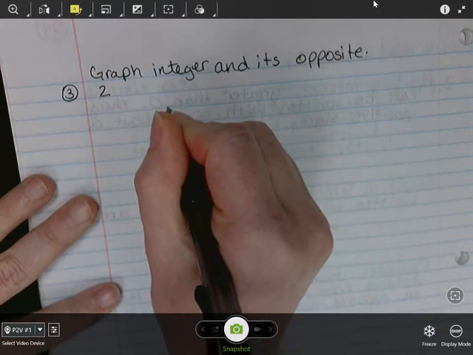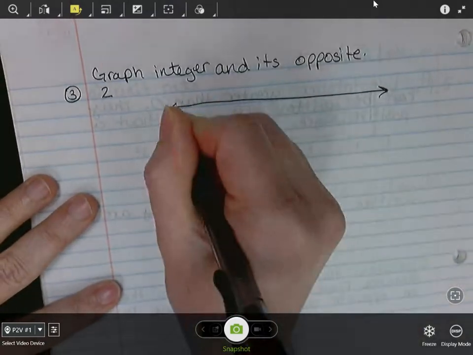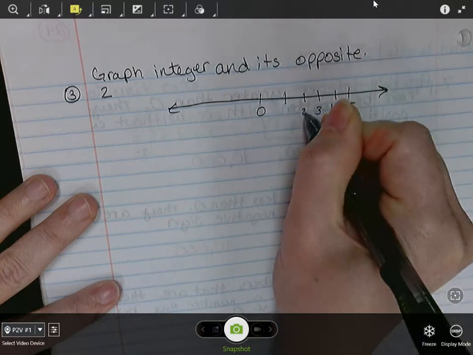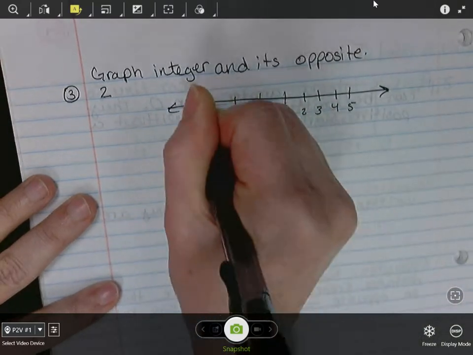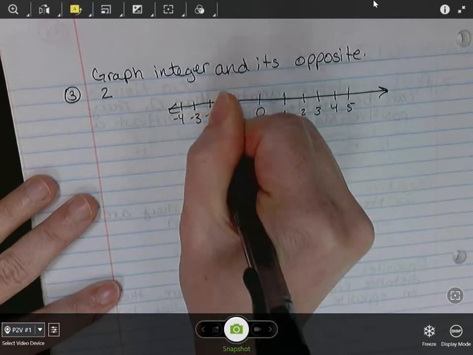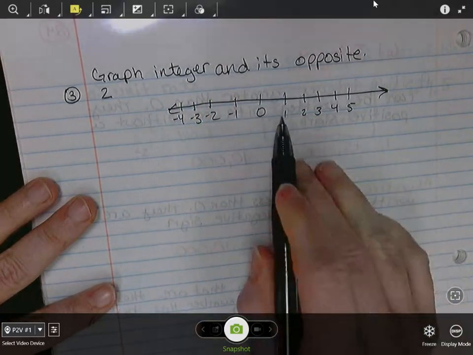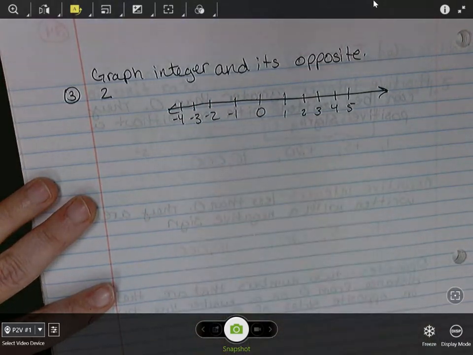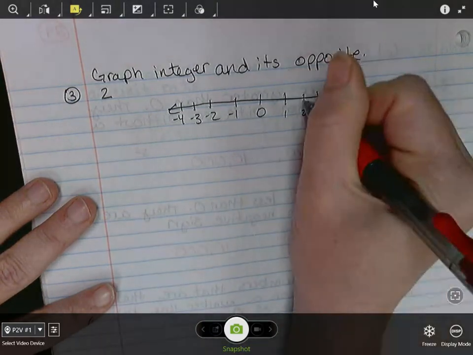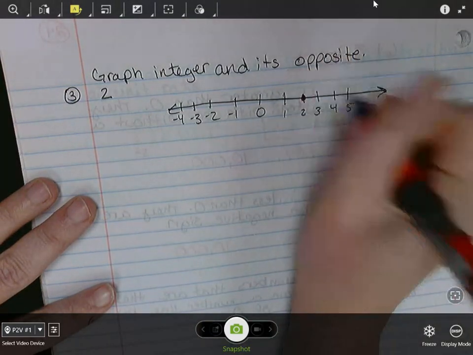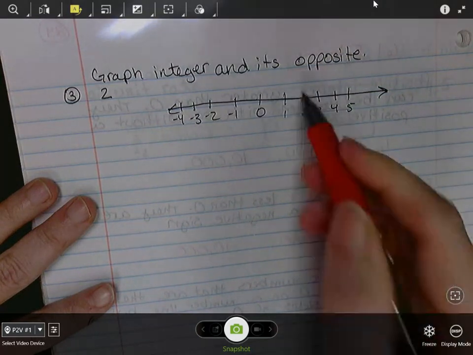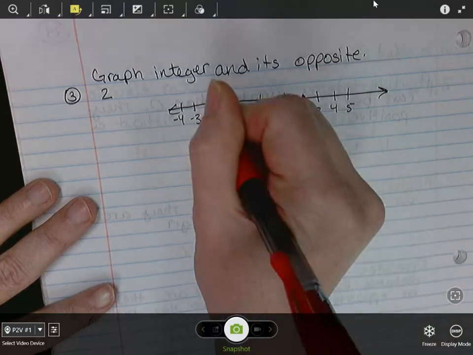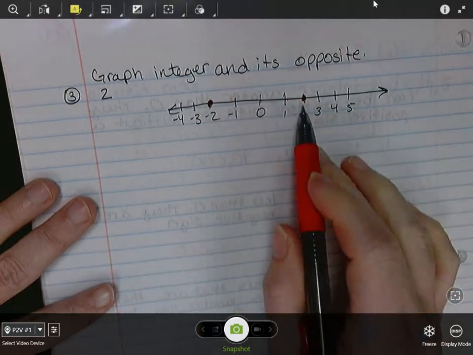Okay, so you would, on your number line, there's 0, there's all my positives, and there are my negatives. Okay, so 0, 1, 2, 3, 4, 5, and then -1, -2, -3, -4. All right, so if I need to graph the number 2, what I do is I just put a dot on the number line on 2. Okay, now 2 is 2 units away from 0, so its opposite would be 2 units on the other side at -2. So you need to have a dot at 2 and -2.